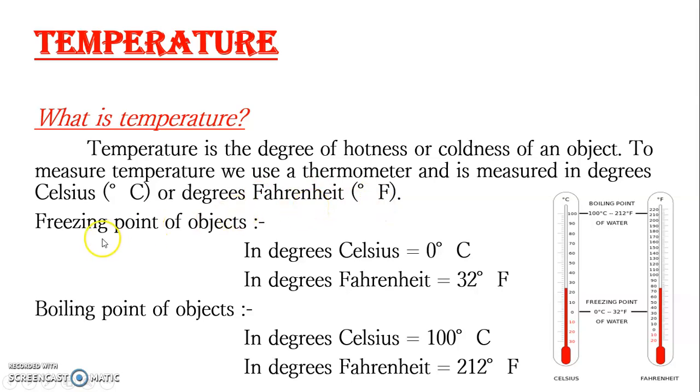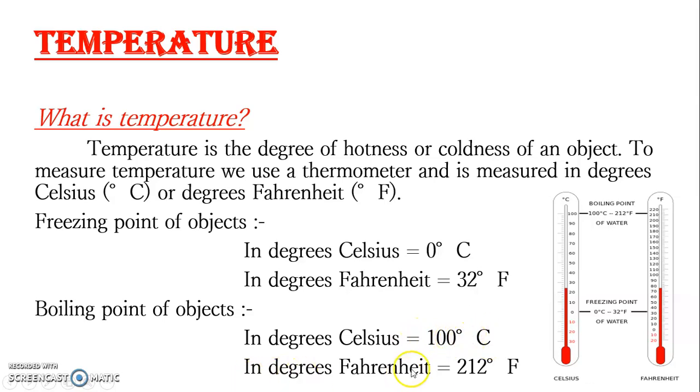Now, in a temperature, we have the freezing point of an object as well as the boiling point of an object. Okay. Now, the freezing point of an object in degrees Celsius is 0 degrees Celsius. In Fahrenheit is 32 degrees Fahrenheit. While the boiling point of an object in degrees Celsius is 100 degrees Celsius.